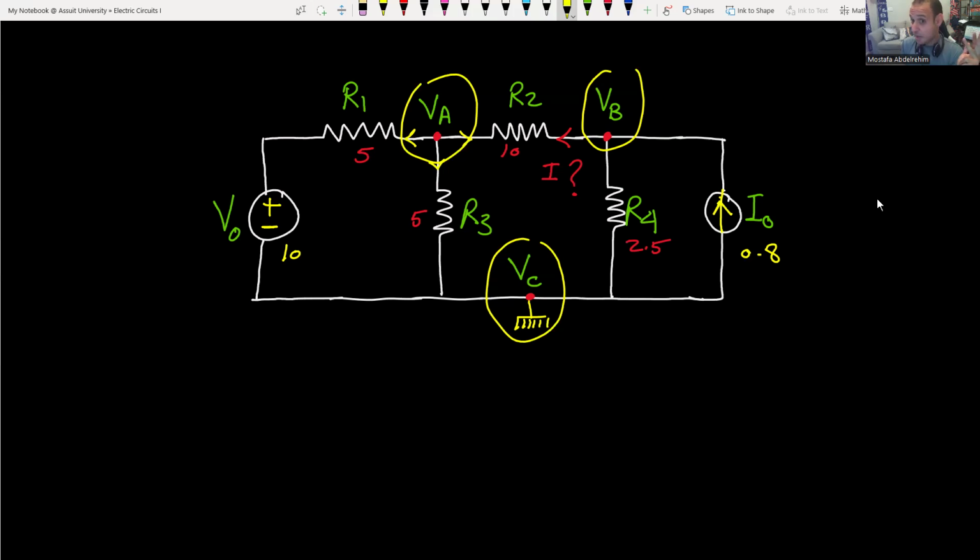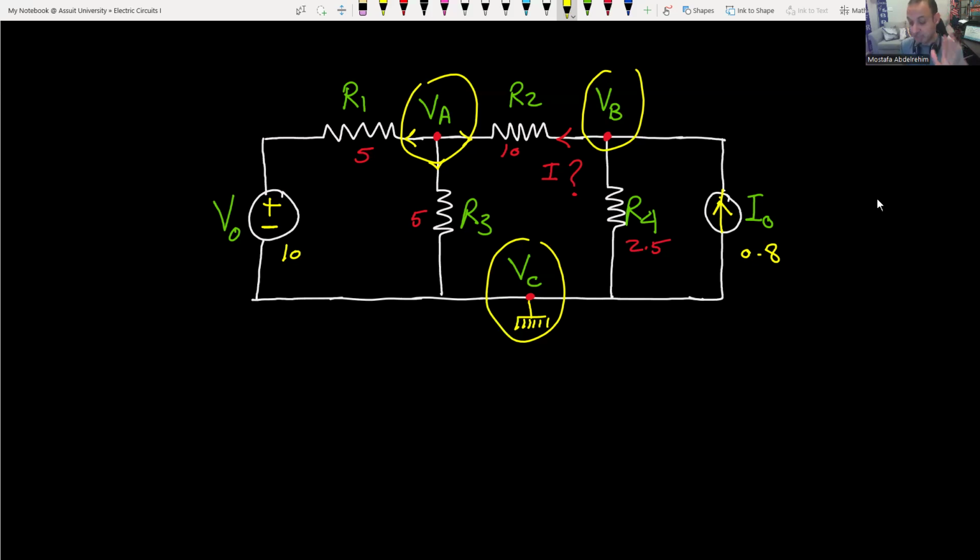We can pick VA and make it 0 ground, or pick VB, or pick VC. What I did here is pick VC and make it ground, but you can solve with VA or VB. That's fine, you're going to get exactly the same voltage drops across the resistances and the currents.